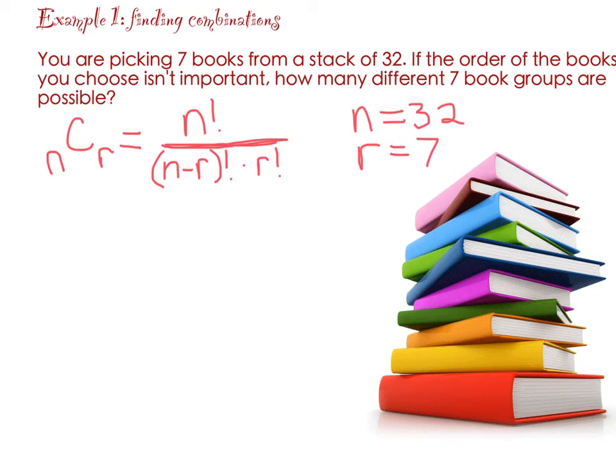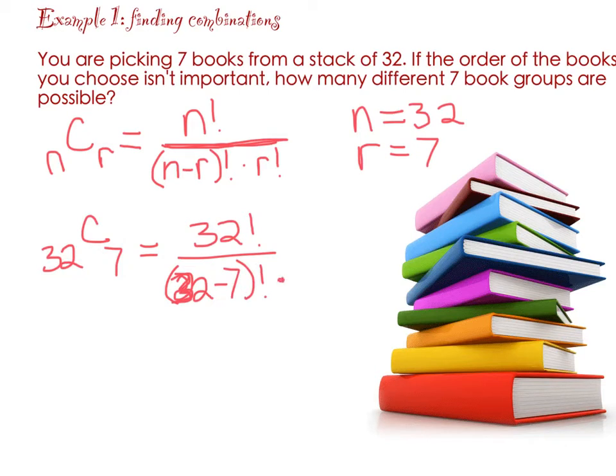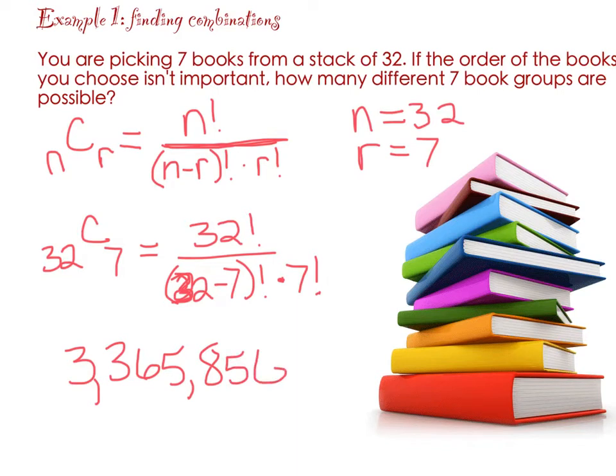So we're going to do 32C7. That means we're going to do 32 factorial on the top, and 32 minus, that should be a 7, 32 minus 7 factorial times 7 factorial. That gives us 3,365,856 possible 7-book groups.